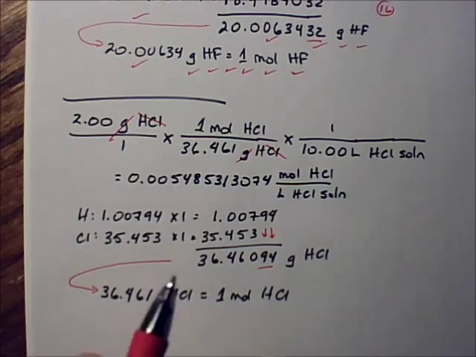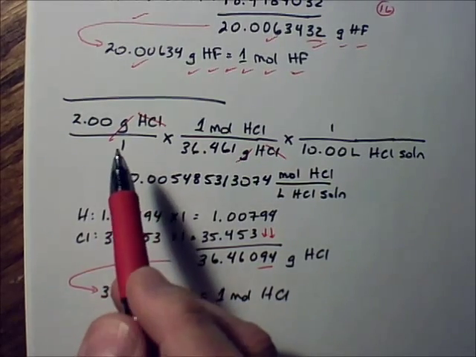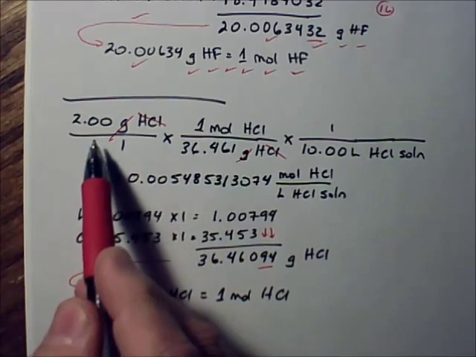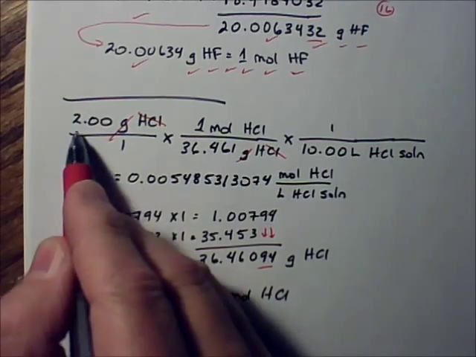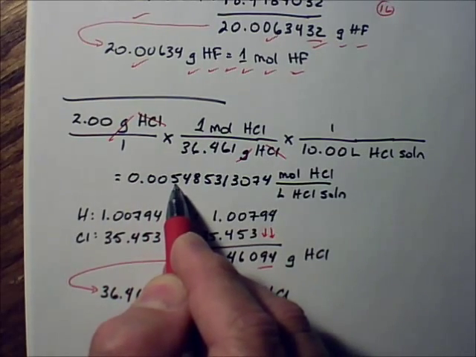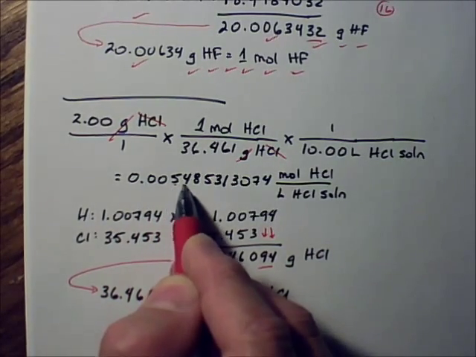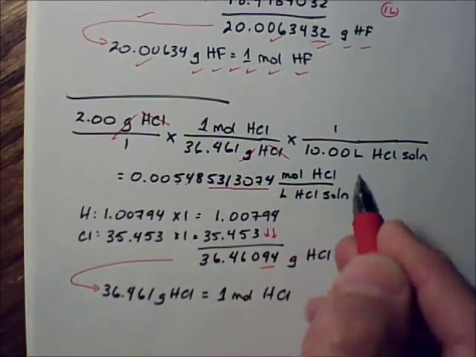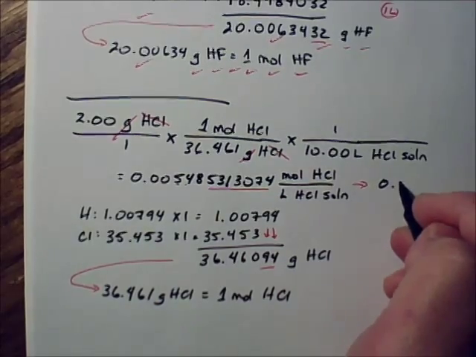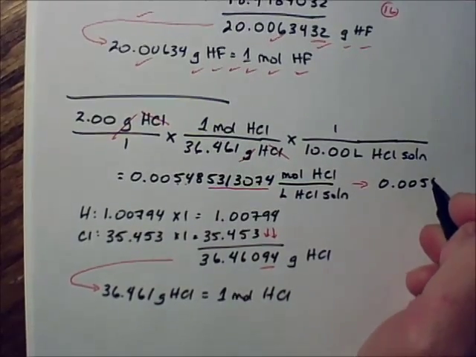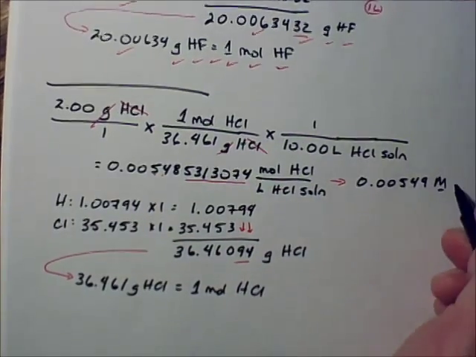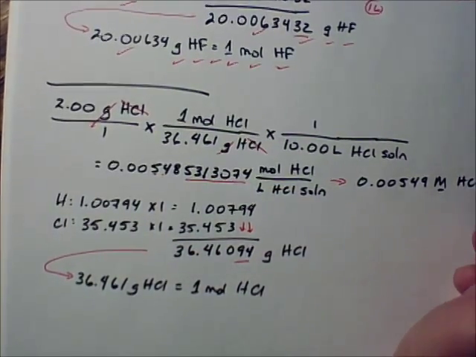We're going to round it to 3 significant digits because the measured or calculated number with the least digits is this one. It has 3 significant digits. Leading zeros are not significant. First significant digit is this one. 1, 2, 3, and everything else is underlined because they're insignificant. And round it off to 0.00549, and that's the molar concentration of the HCl solution here.